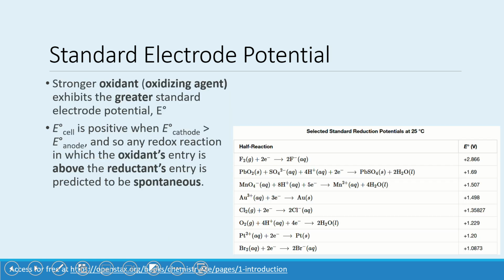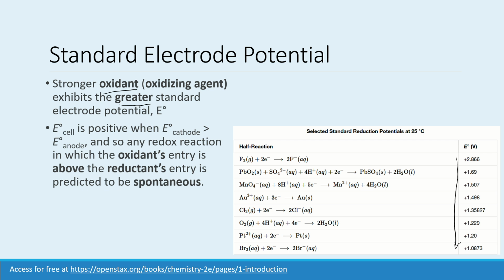So let's see what this looks like in a table real quick. When we look at a table of standard reduction potentials, notice how they are decreasing as we go down the table. So your oxidizing agent, your oxidant, is going to have the greater electrode potential, and so it's going to be found at the top of that table.